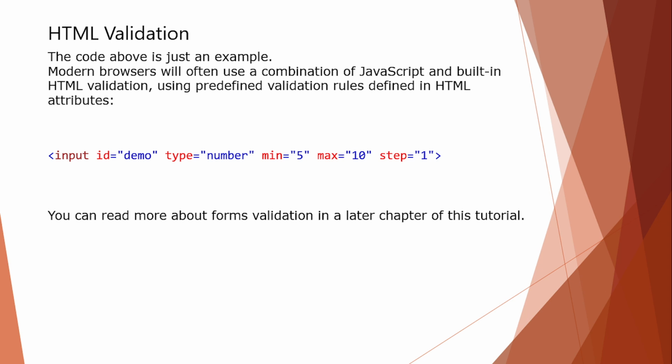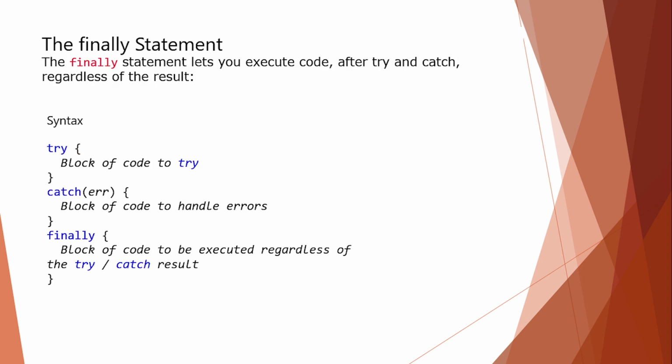HTML validation. The code above is just an example. Modern browsers will often use a combination of JavaScript and built-in HTML validation, using predefined validation rules defined in HTML attributes. You can read more about form validation in a later chapter of this tutorial.